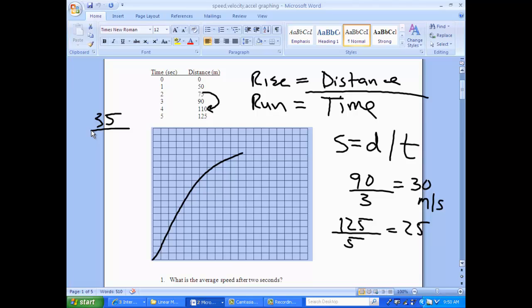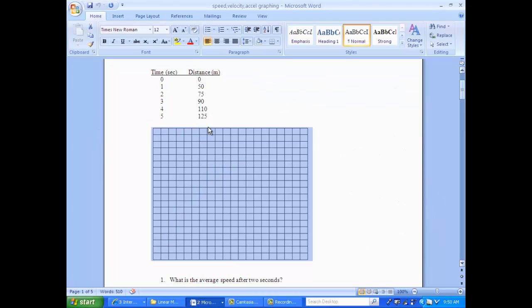Time that it takes to do that is 2 to 4 seconds, which is 2. And what does that come out to be? 17.5 meters per second. Good. So again, it's all rise over run. It's all distance divided by time. So any questions with this first graph? If there are no questions, I'm going to move on then.